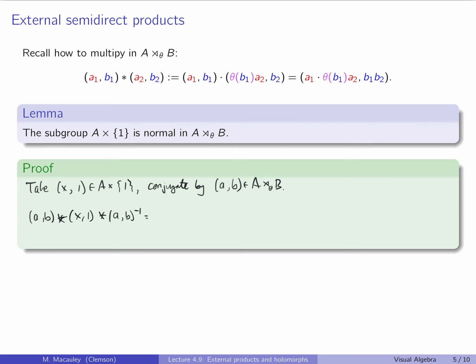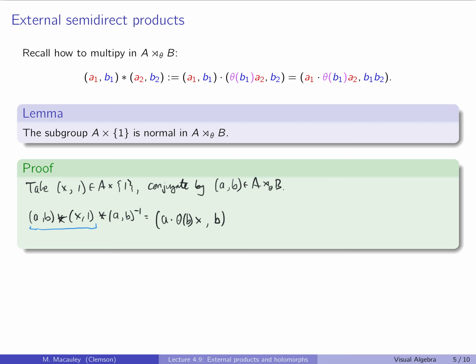So let's do this first one first, and let me emphasize that that's what we're going to do first. Using our definition above, this is (a times theta_b(x), b). So again, instead of ax, it's a times some rewired copy of x, and then b times 1 is in here.